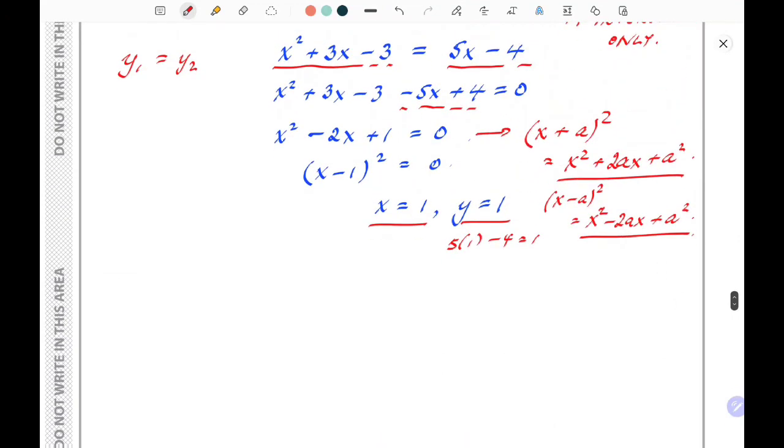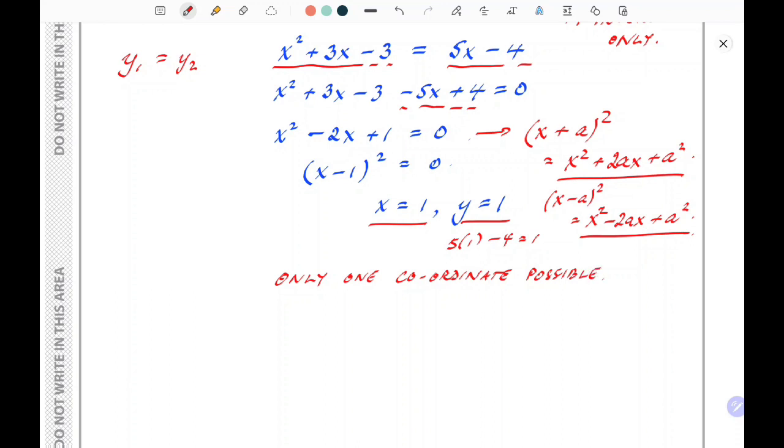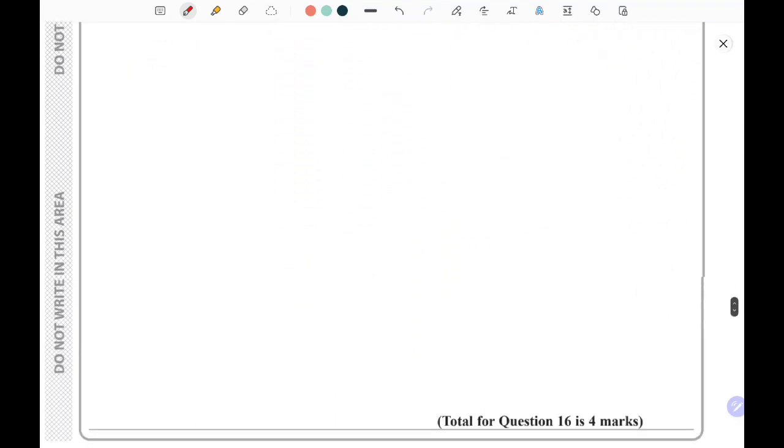I think I should suggest writing into the solution only one coordinate possible. It's worth writing that in.